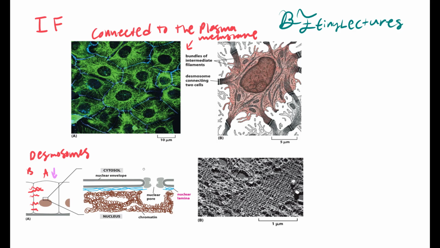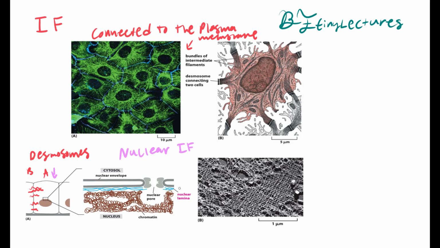And here inside the nucleus, we have more intermediate filaments. These are called nuclear intermediate filaments, and their job is to support the nucleus. These form lamins.